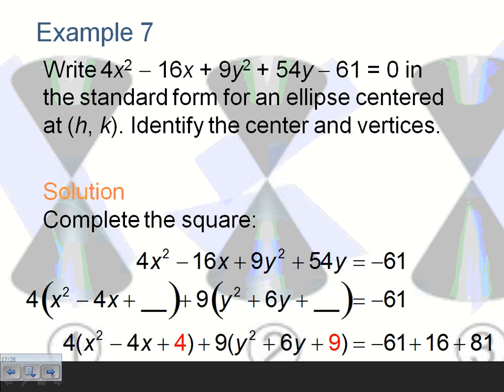I'm not sure how we're going to get there yet, but we know that we're going to need to get there. So the first thing I need to do is get all the terms together. The y's and the x's are together. Let's take the 61 to the opposite side. So that should be plus 61.